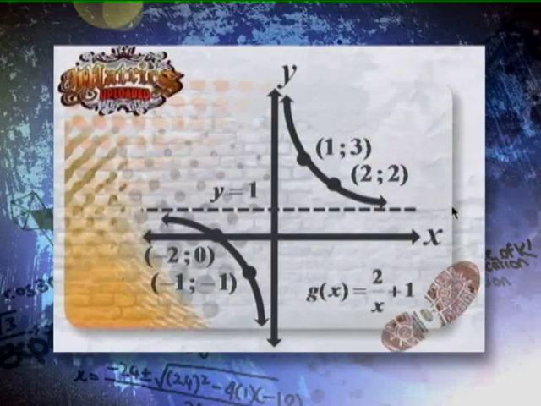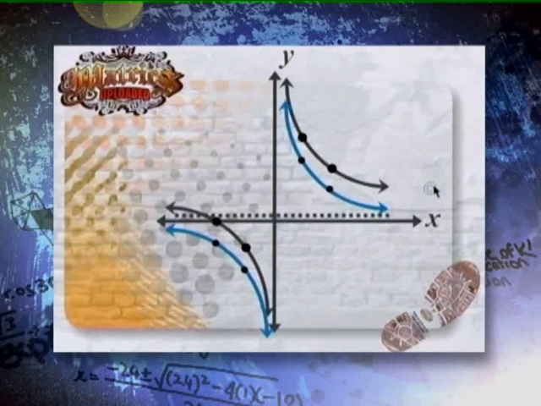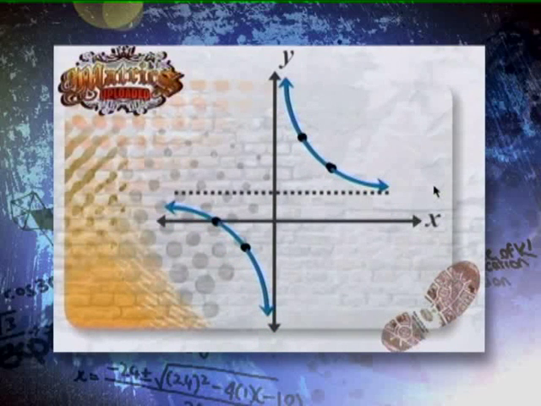Now let's show them how the shift works if we go to the next slide. Look at this. This is the graph. But we're saying, okay, this is that basic one. The 2 over x is the blue graph. And then this one is actually the shifted one. How does the shift work? Let's see. Isn't that beautiful?